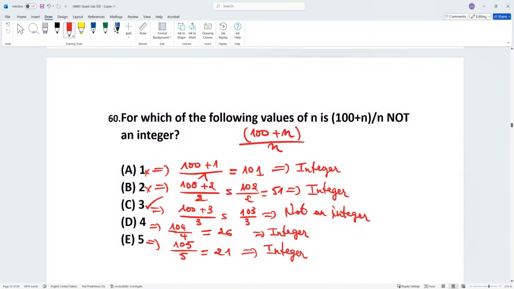So the task is to find which one of the answer choices is not an integer. So it's this one. Okay, so that's how you can find the answer to that. All right, that's how you solve this particular question.